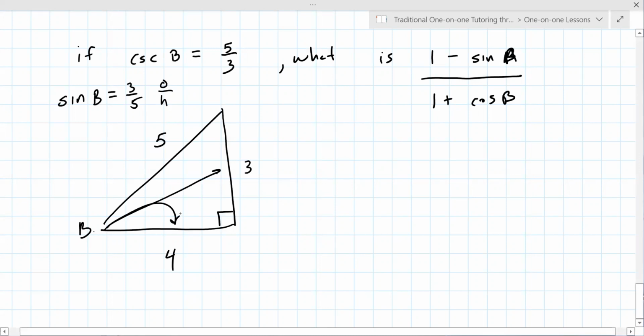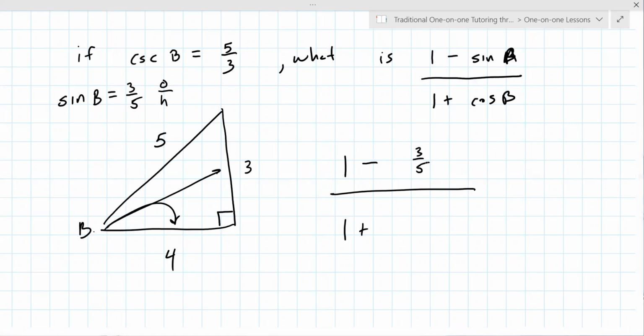So now you've got to fill in the blanks on sine B and cosine B. So sine B is 3/5. What is cosine B? Cosine B is 4/5.